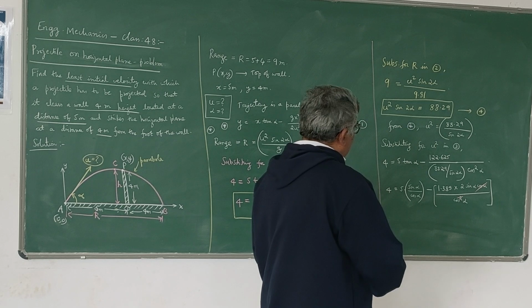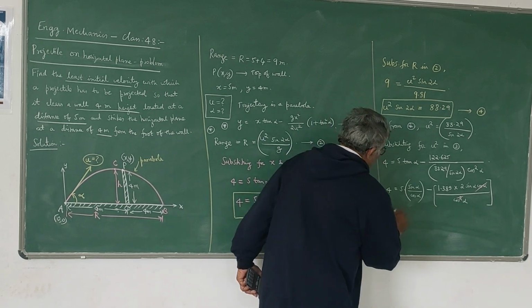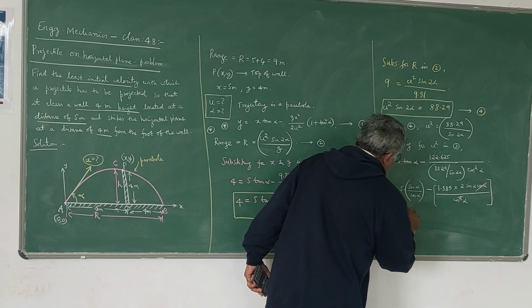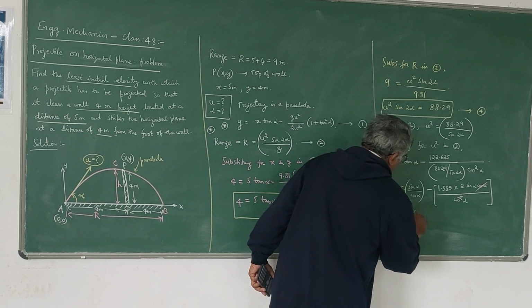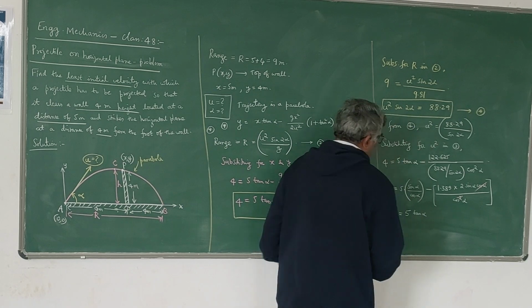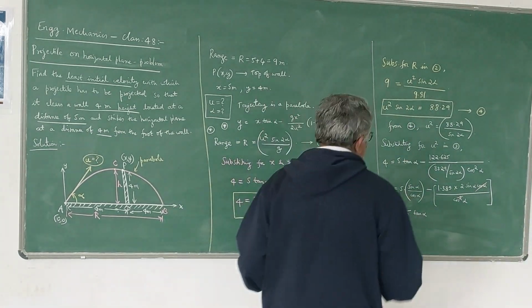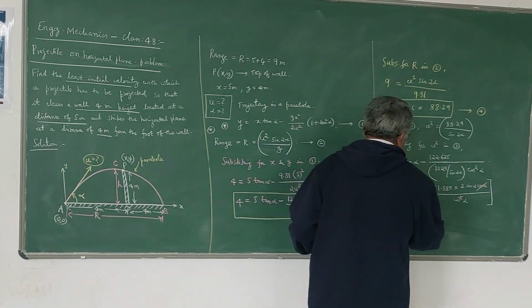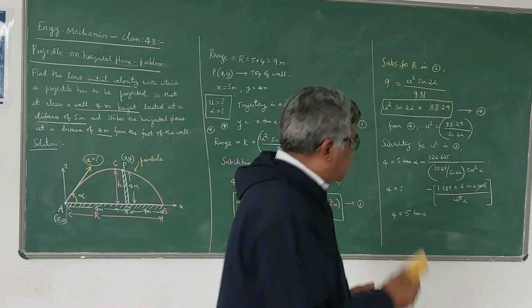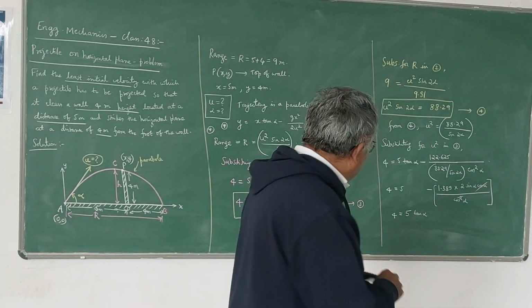So what I will get now: 4 is equal to 5 tan alpha only. There is no need to write it as sin alpha by cos alpha. You can directly retain it as tan alpha, because on the right-hand side you are also getting a tan alpha term.